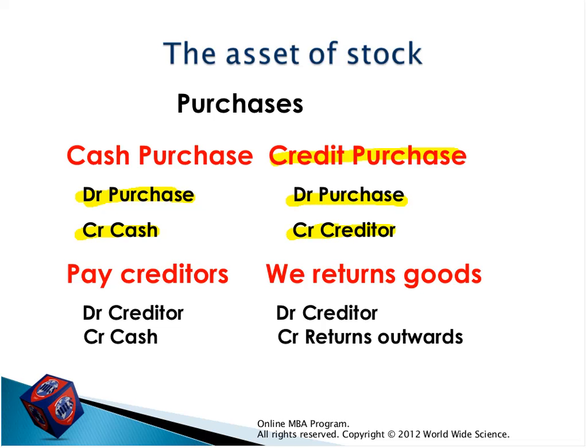And we show it on the credit side, because we must pay the money. Our creditors, for example the suppliers who sold the raw materials to us, are owed by us. In the balance sheet, we show creditors as a liability.